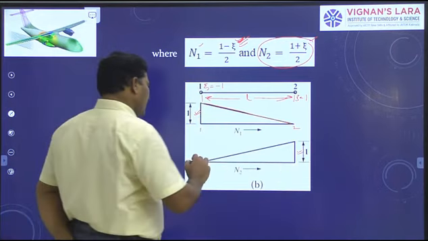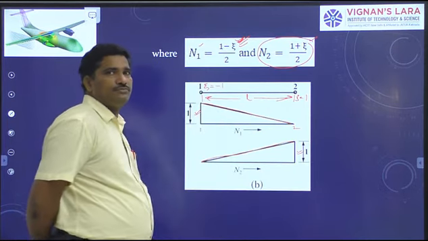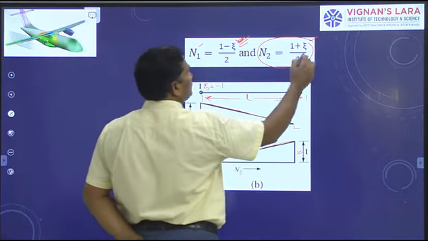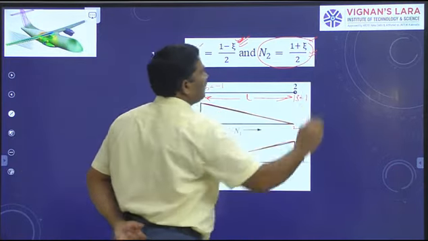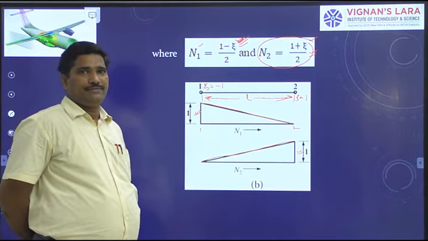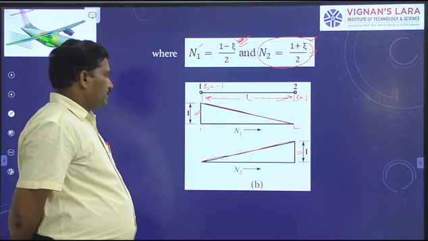How is it varying? Linearly. Because this n2 represents a linear polynomial in coordinate j. Understand?